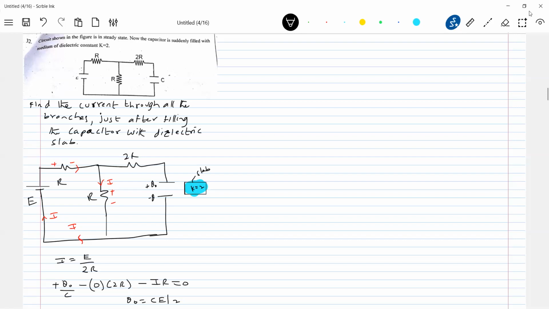Next, I am going to fill up. The moment I fill up, will there be any change to notice, or nothing will happen? The capacitor is at steady state, because at steady state only I'm filling up. So nothing will happen. Suddenly it is filled up, not gradually.